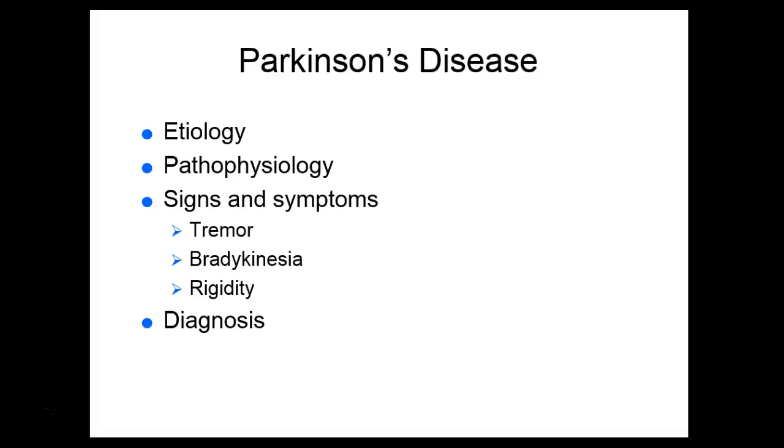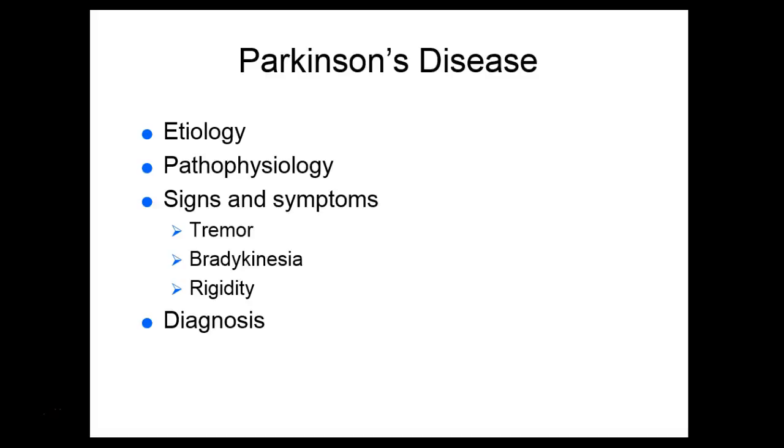Parkinson's disease does not affect the intellect, but some patients will develop a dementia similar to Alzheimer's. Mood disturbances can occur, and depression is a problem. Stress tends to make symptoms worse.